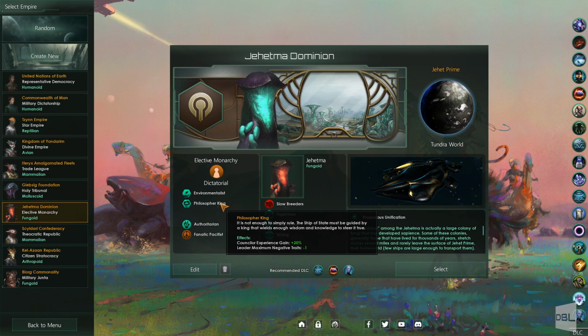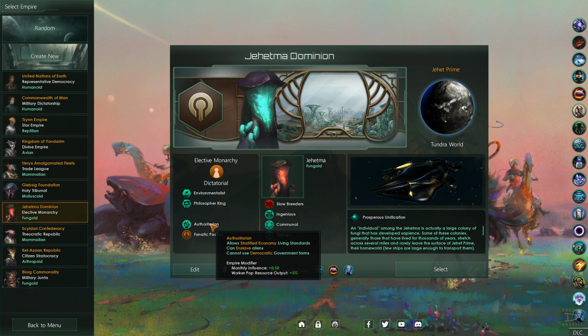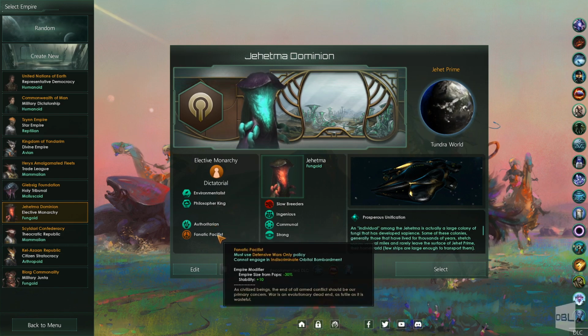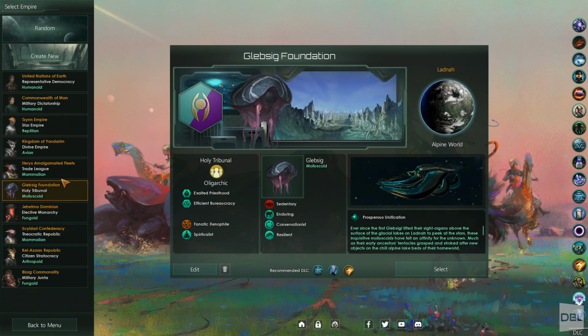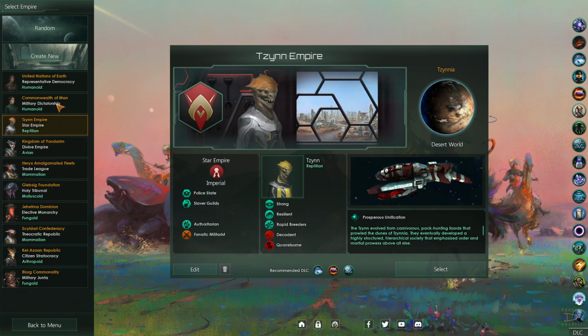The ship of state must be guided by a king that wields enough wisdom and knowledge to steer it true. Can't get enough of that wisdom. Authoritarian, we've read. Fanatic pacifist. I thought we've read that already. No?